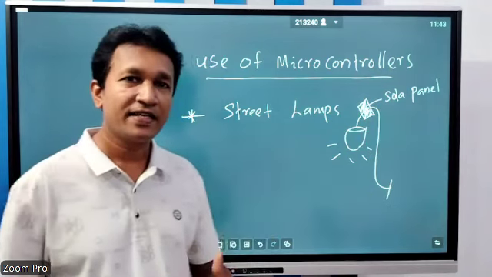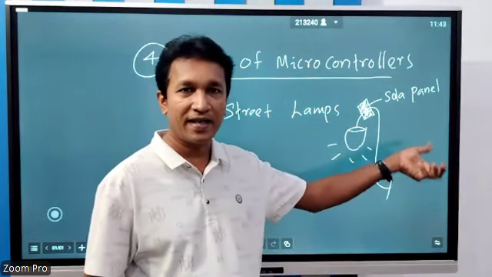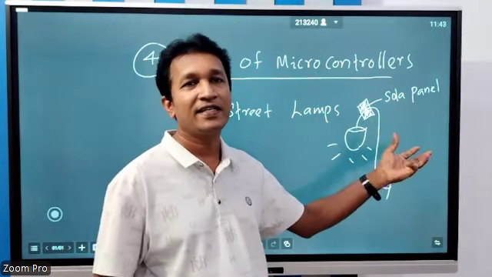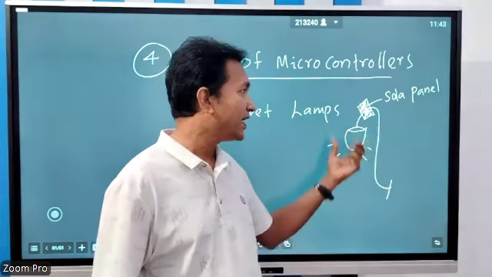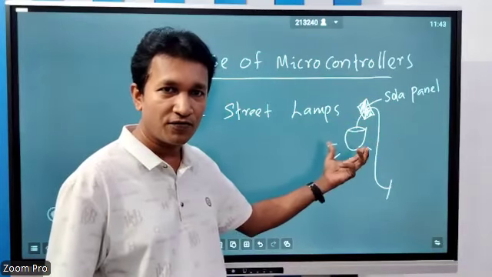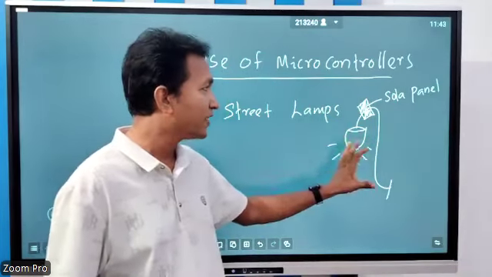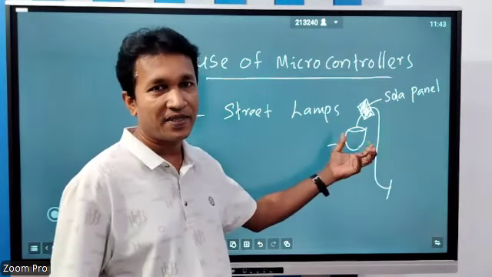There is no person going to switch on the light, but it will automatically switch on when the dark comes. Again, in the morning, this light will automatically go off, right? There is no one to switch off the lamp, right?